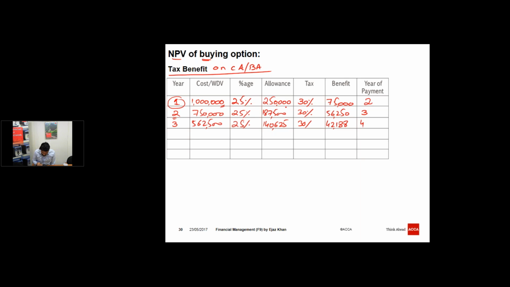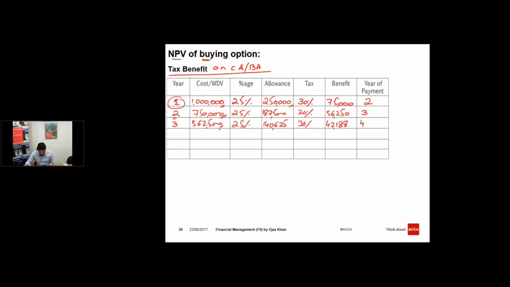Of the 1 million, in year 1 we are allowed an expenditure of 250,000. What were we left with? We were left with 750,000 of unclaimed cost of the asset. By the end of year 2, they allowed us a further 187,500. And we were left with $562,500 of unclaimed cost of asset.